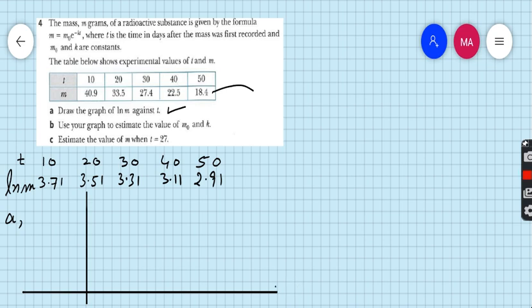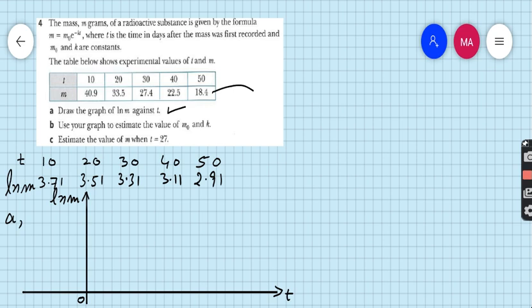On the x axis we have to plot the values of t. On the y axis we have to plot the values of ln m, and this point is the origin.